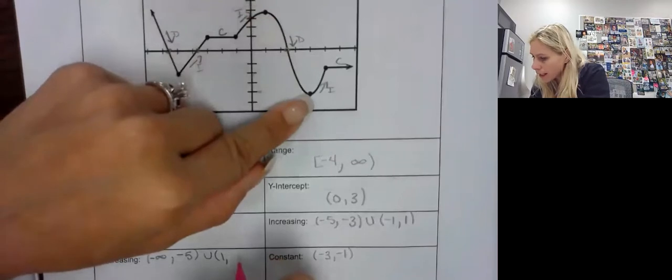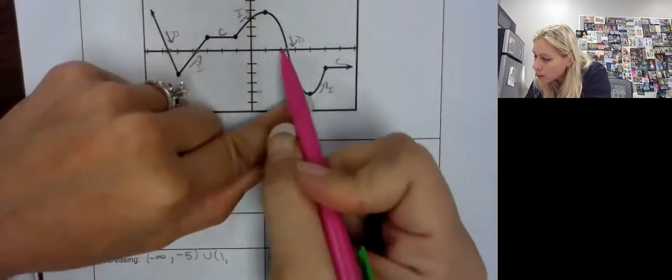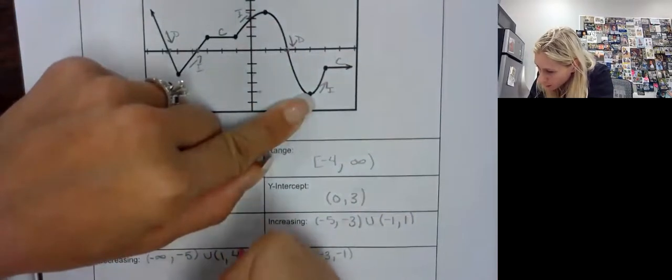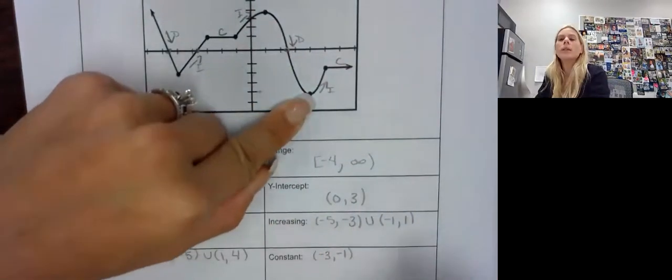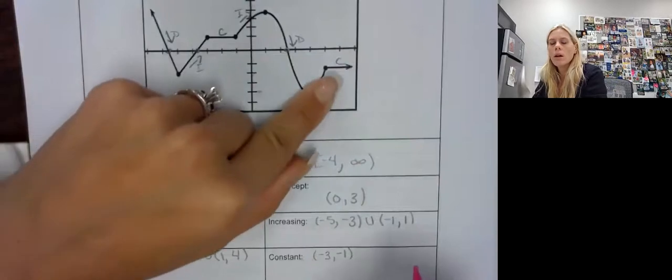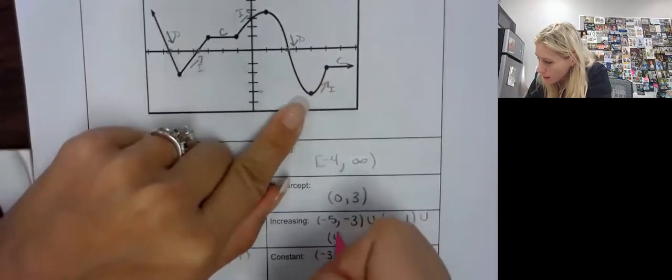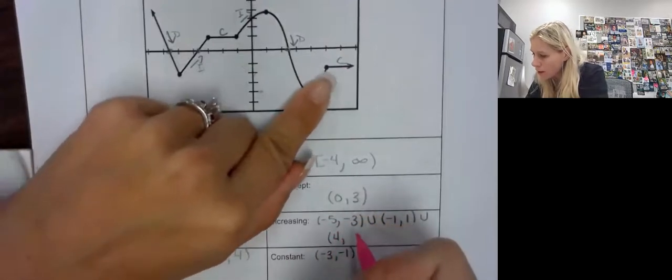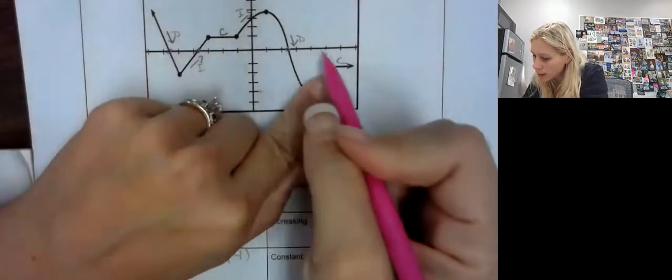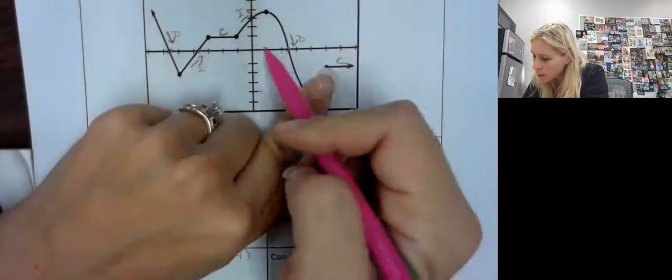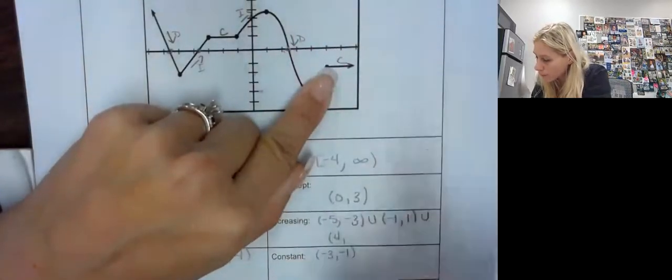What's that X value? 1, 2, 3, 4. Okay. We start at 4 and we go increasing again. So union 4, and right here is, let's see, 1, 2, 3, 4, 5. So 5.